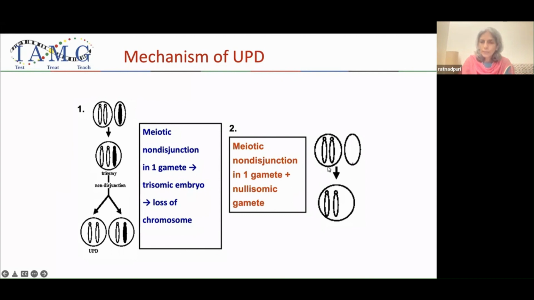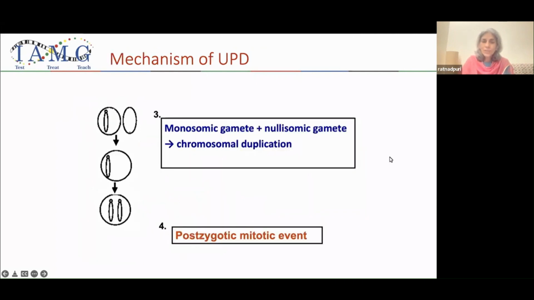It can also happen if, because of meiotic non-disjunction, one gamete has both the chromosomes and the other gamete does not have any copy of this chromosome. The third is a monosomic gamete fertilized by a nullisomic gamete. The zygote has only one copy of the chromosome.